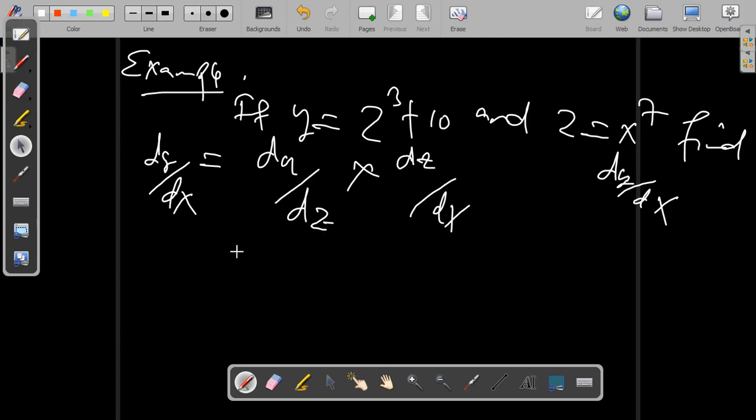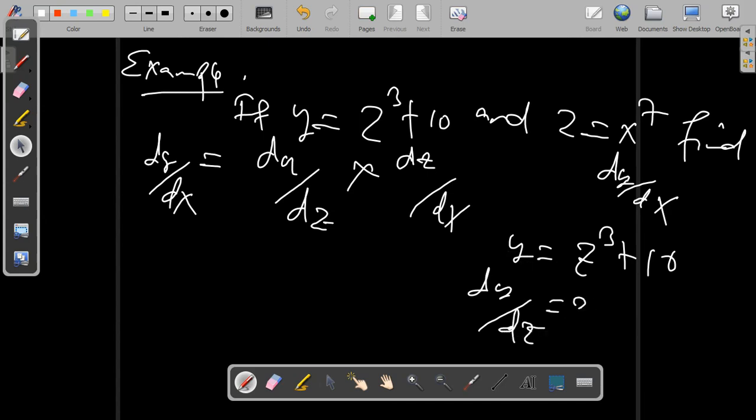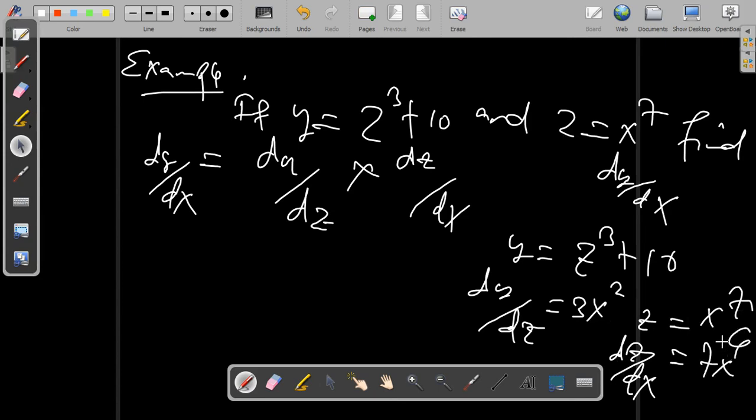From the function y is equal to z cubed plus 10, you apply the derivative of dy over dz, which gives you 3z to the power of 2. And from the function z is equal to x to the power of 7, you apply the derivative of dz over dx, which is 7x to the power of 6. Now after taking this, you may apply it to your formula.